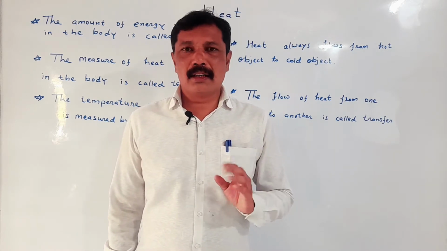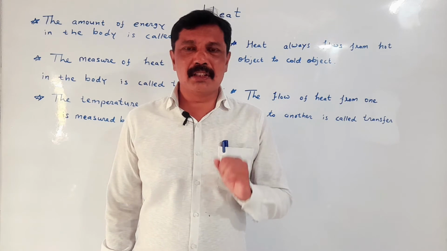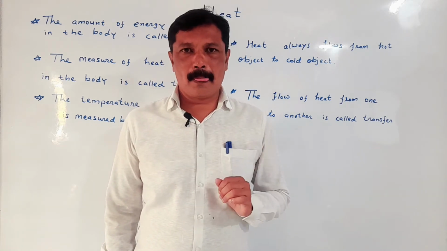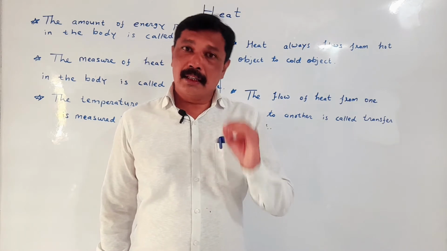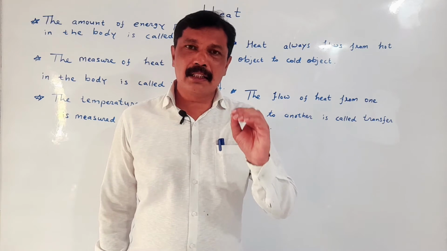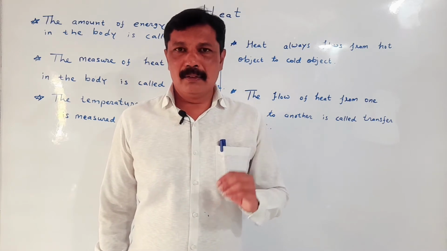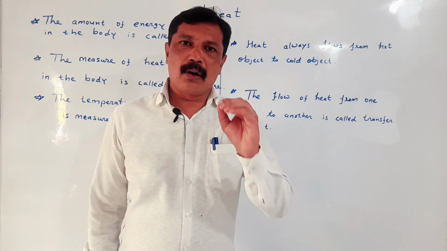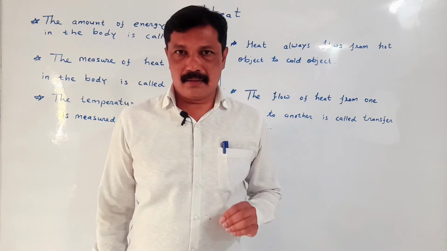My dear student, let's study the first picture which is given in our textbook. In this picture you will see milk is kept for boiling and a pressure cooker is kept on the gas.